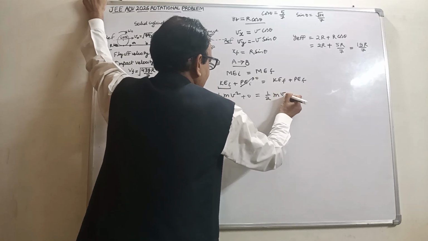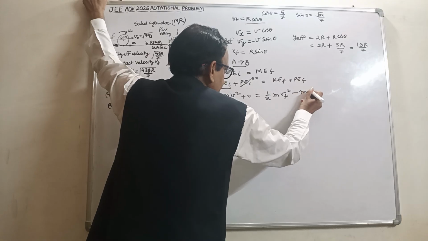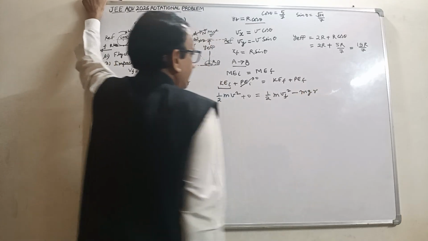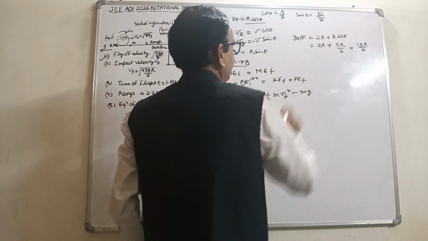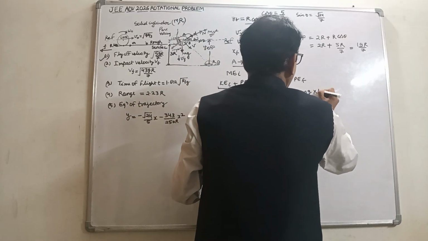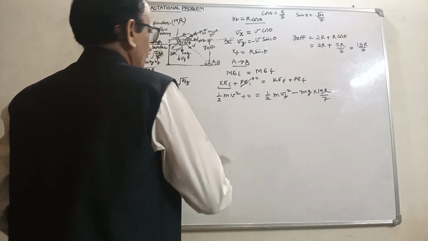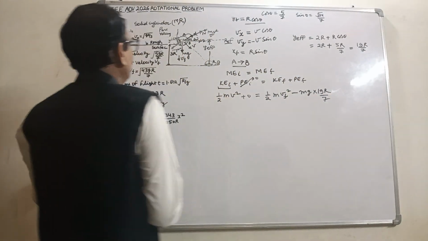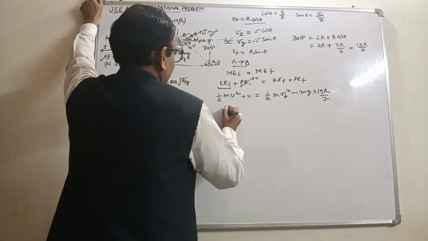We have to calculate the final energy minus mgr and mgr. R is the effective length, so this is 19R by 7. Placing the value, V square is equal to 5 gR by 7.